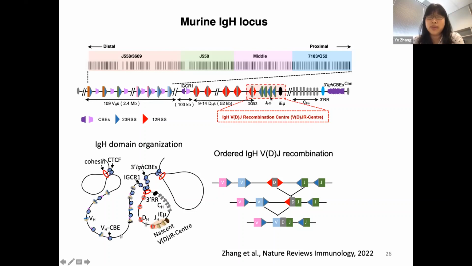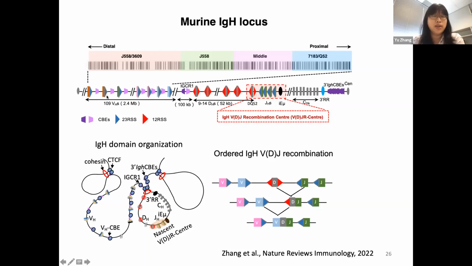In this domain, there is a recombination center consisting of all of the J's, the intronic enhancers, and the last D's. They are very rich in transcription activity and recombination, and it serves as a hub to capture other partner segments to mediate recombination.